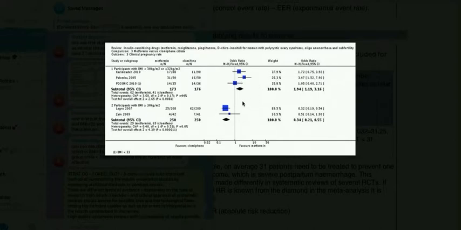So the odds increase when any figure or any box goes away from this line of no effect, then the odds of something being effective or something being tested increase. The odds ratio increases.